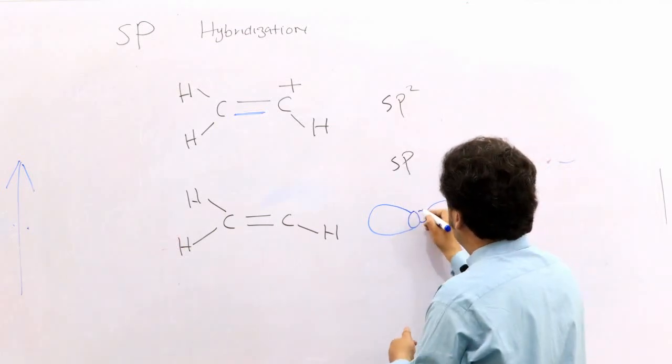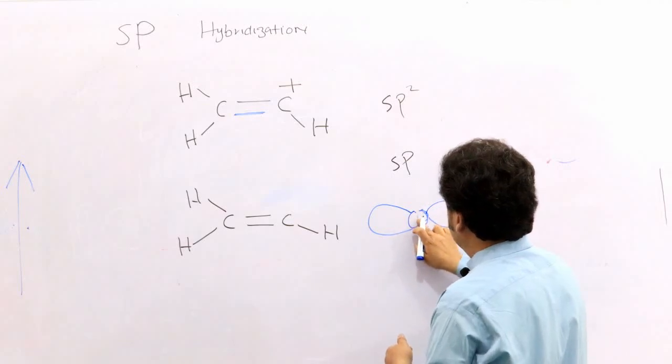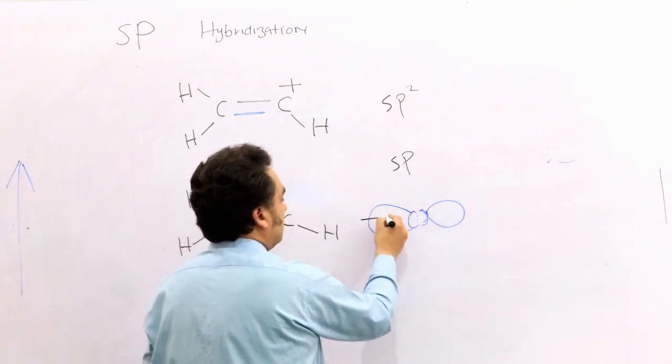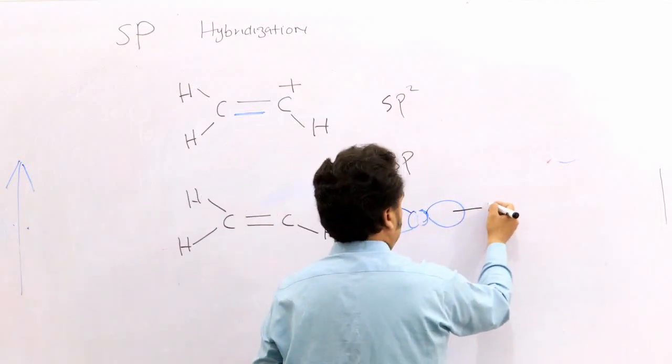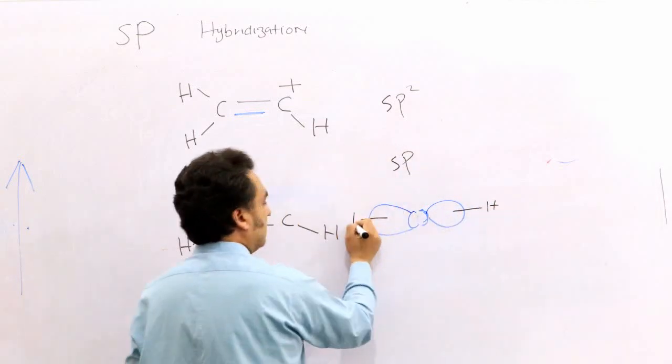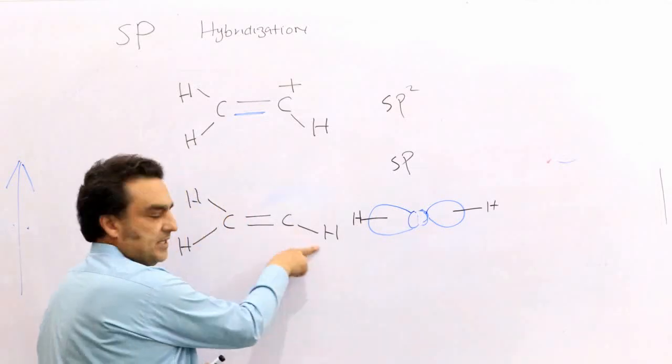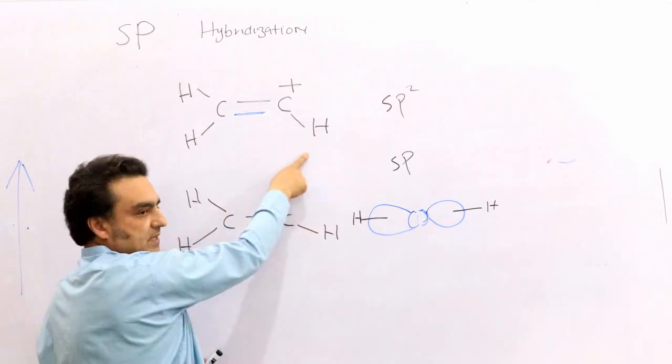There should be 2 sp orbitals. Let me write it like this. These are 2 sp orbitals. One will form a bond, suppose with H, and the other forms a bond with H in this fashion. But this thing is bent.